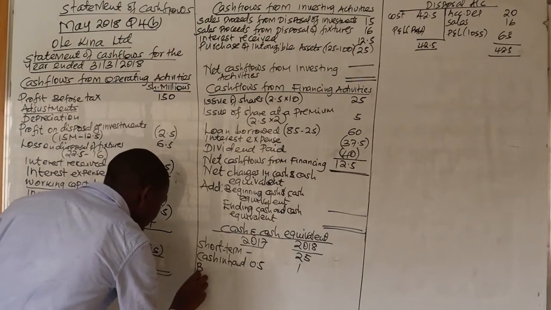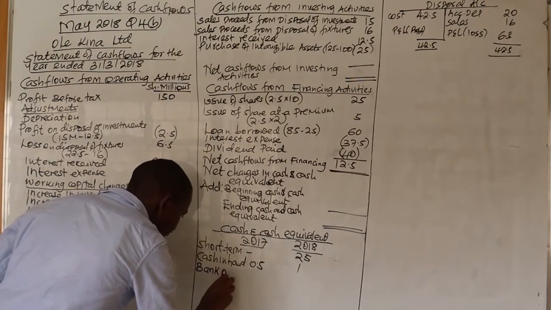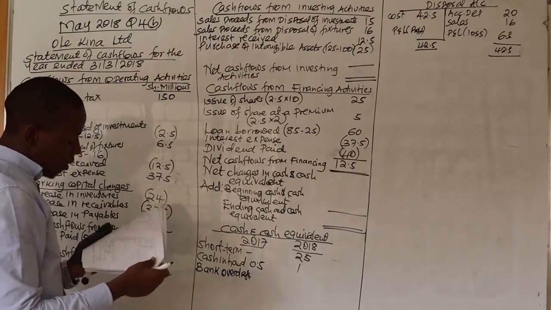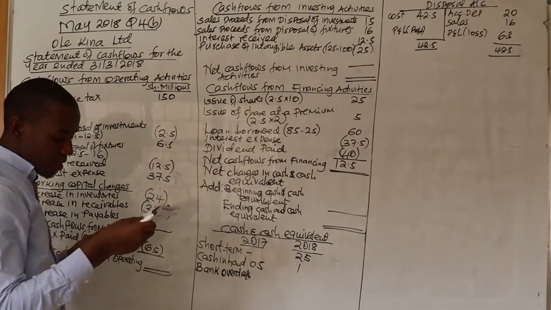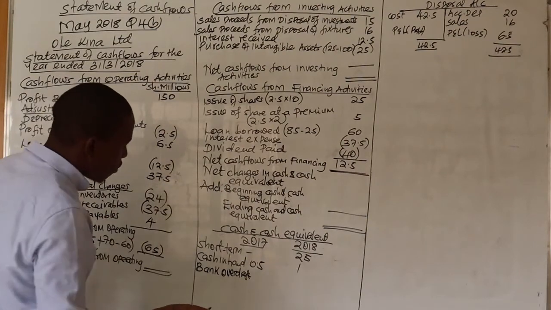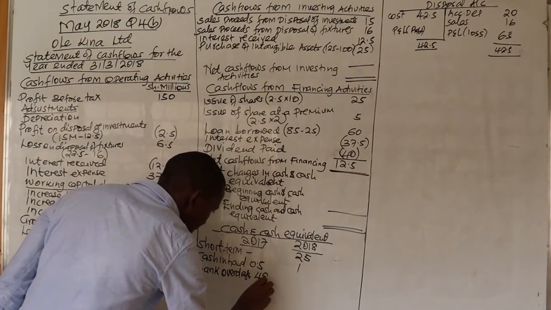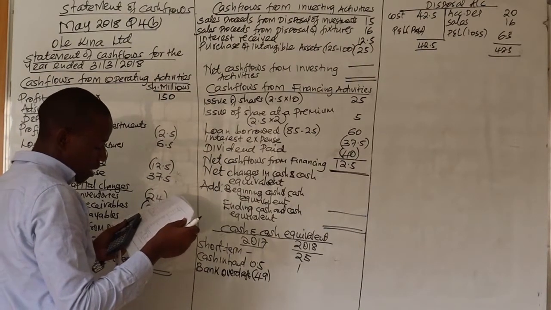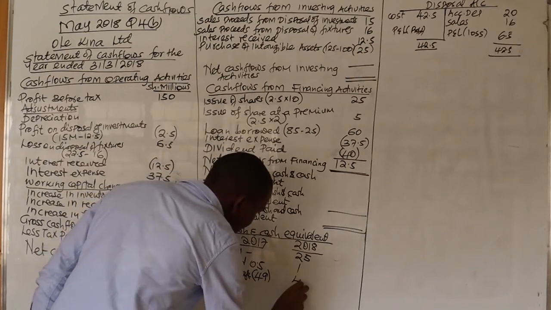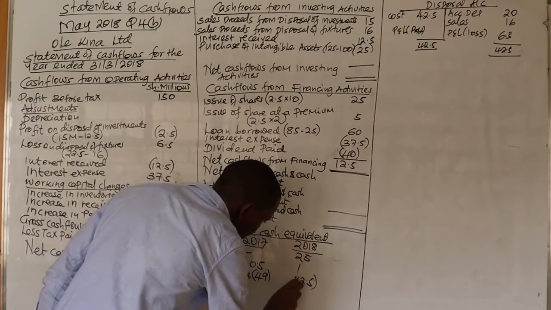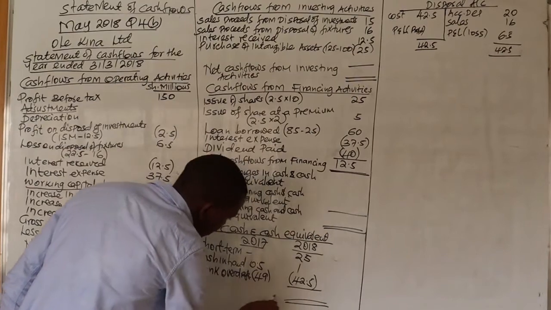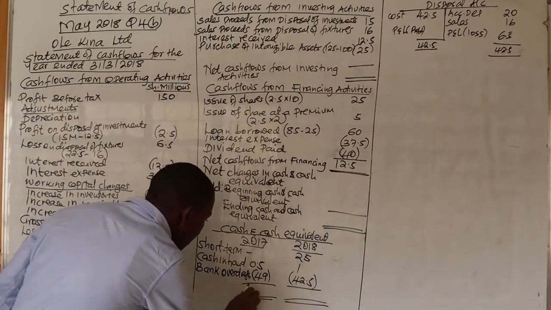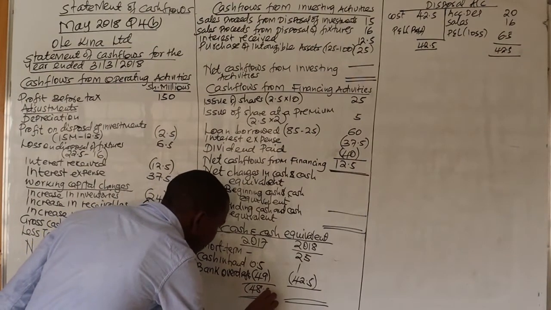And then we have the bank overdraft. For the bank overdraft from the current liabilities, this one was 49. Remember, it's an overdraft, so you less. For 2018 it is 42.5. In that case, you can now get the values. So this one will be negative 48.5.